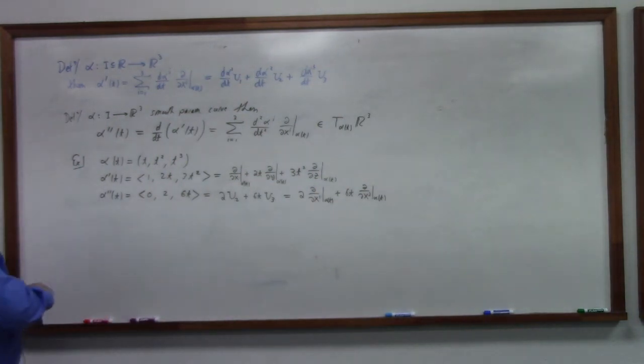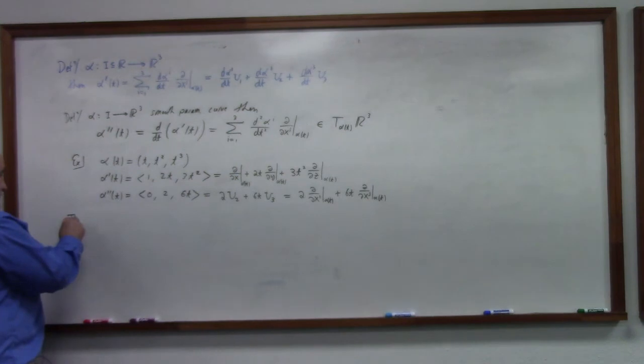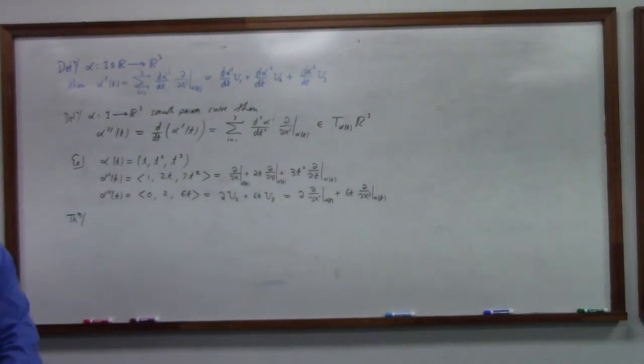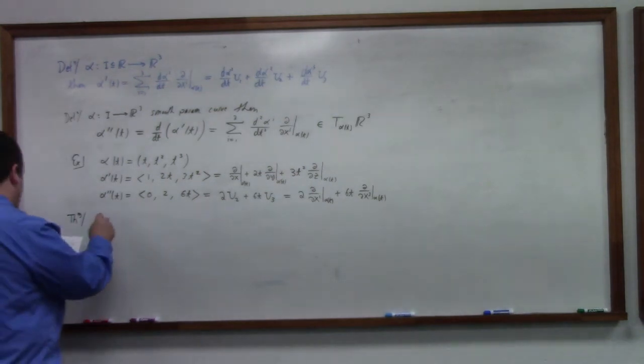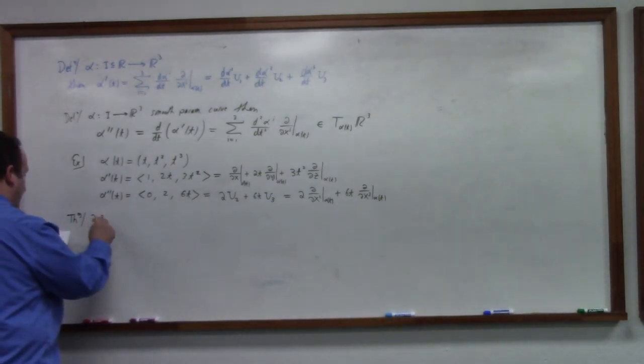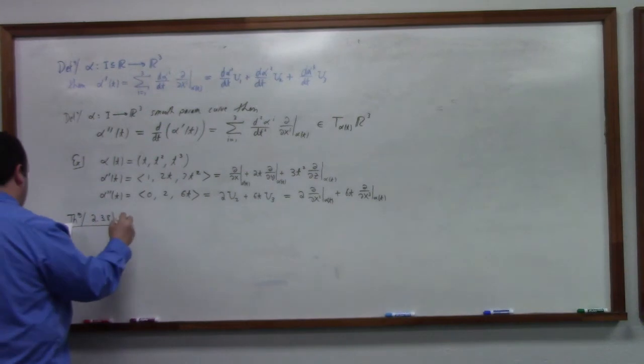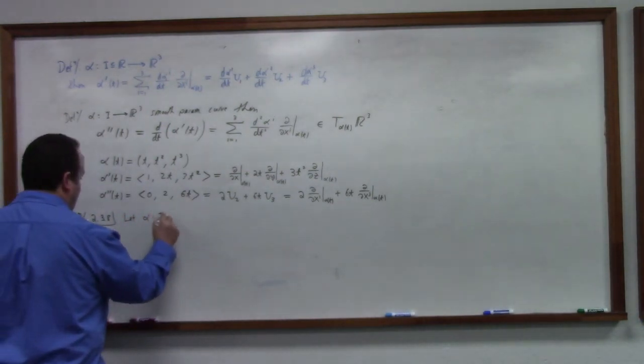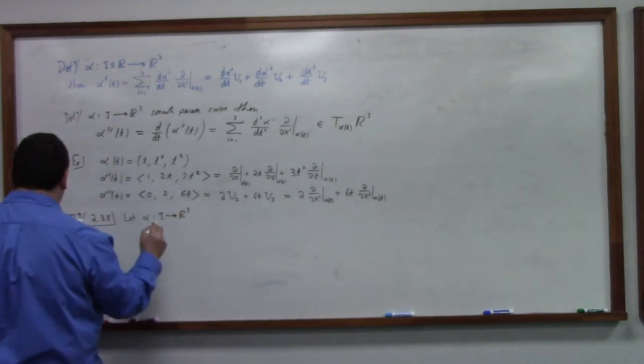Anyway, here's the theorem I mentioned. And after the theorem comes us leaving, which is desirable. So theorem 2.3.8. It says, let alpha from I to R3 be a smooth parametrized curve.